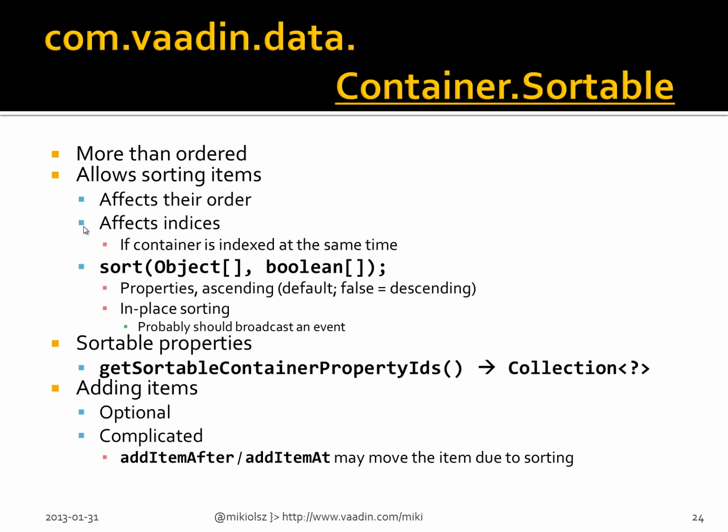And then again, there is optional support for adding items. It's quite complicated and not well documented, and you probably shouldn't rely on that. If you add an item after or at a particular point, then it might change if you sort items in the meantime or after that.